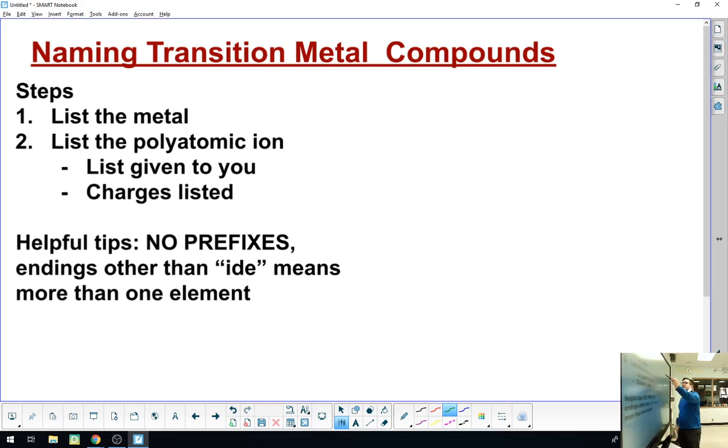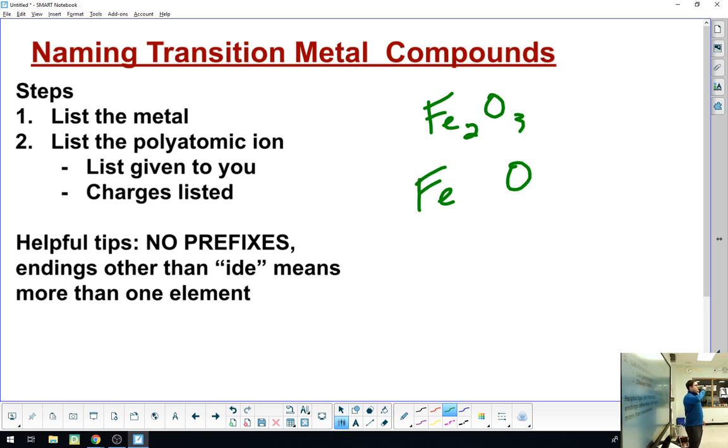So for example, if we have Fe2O3, we got to break this down a little bit and do some reverse engineering. So let's break it into its separate parts. Fe and O. Johnny, help me out.